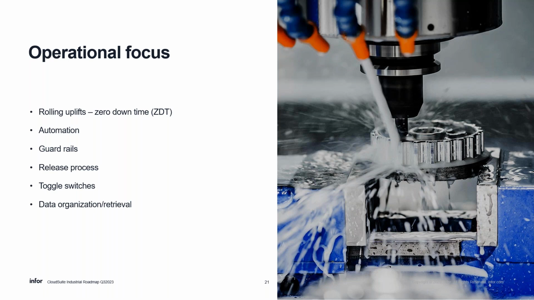So now some of our patches can be applied without taking down all of the farms or even your tenants. We can apply some bug fixes with zero downtime. We can spin up new and additional servers through automation. These are not things that you will see or feel directly, but all of this does impact our ability to serve you better. And so we're constantly building that out.